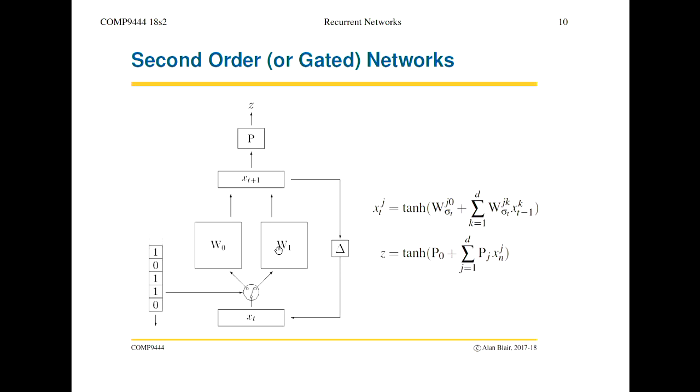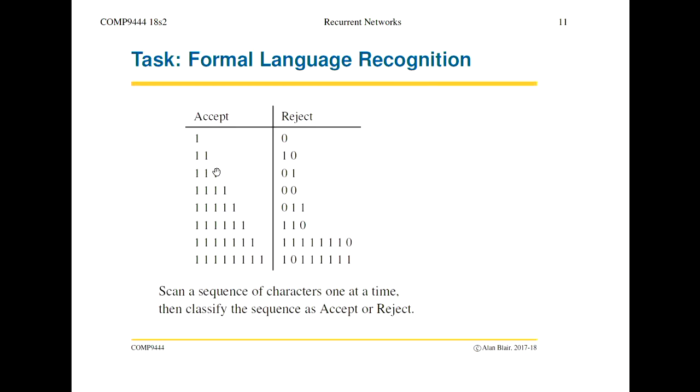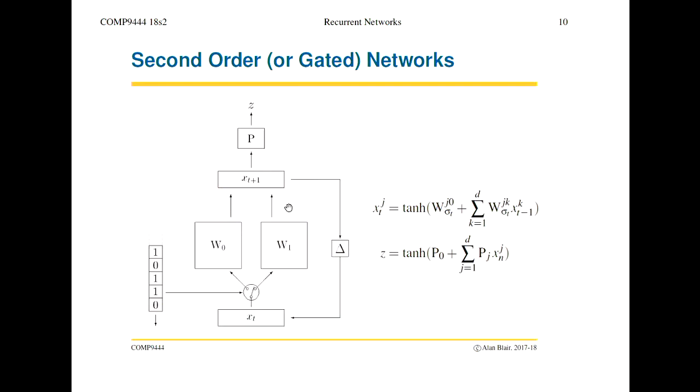It is designed for tasks where you've got inputs that consist of sequences of zeros and ones. For NETtalk, we had 26 different letters of the alphabet, but sometimes when we look at formal languages, we just have zeros and ones, or if we had 26 letters, we could have 26.